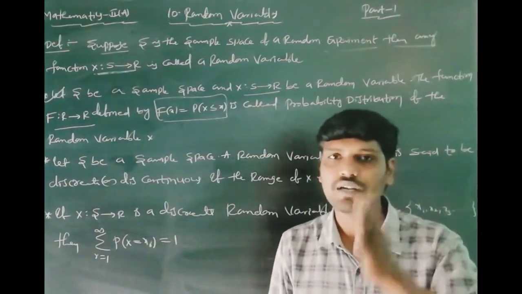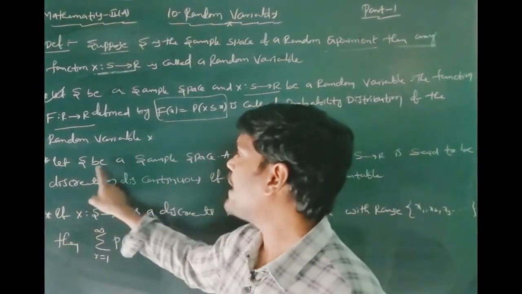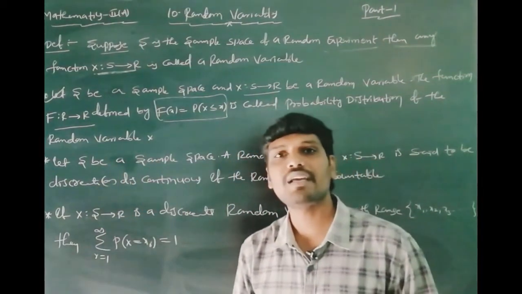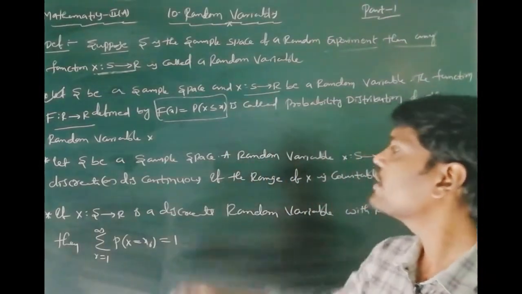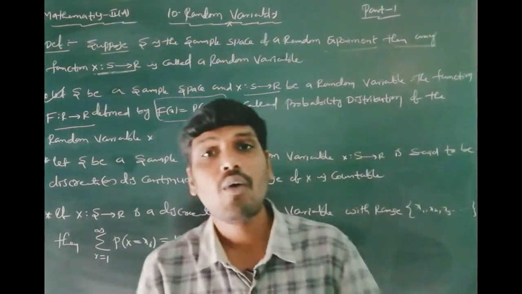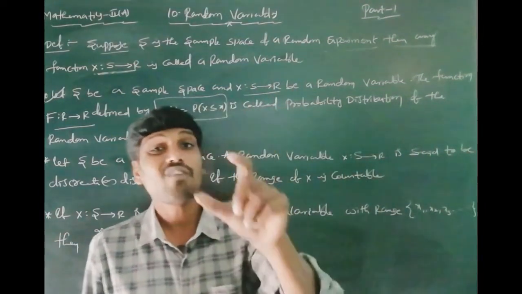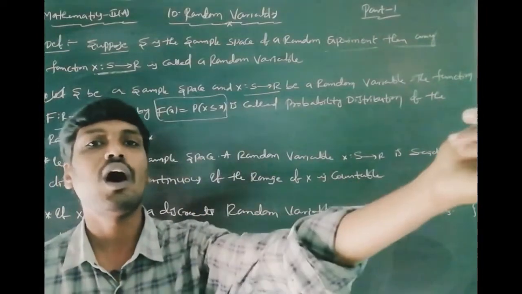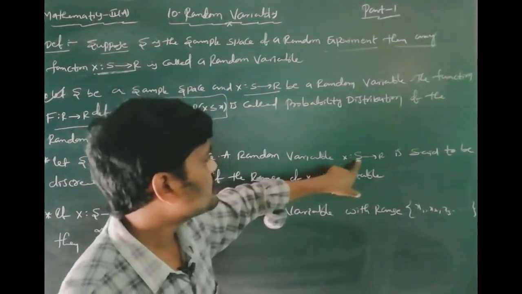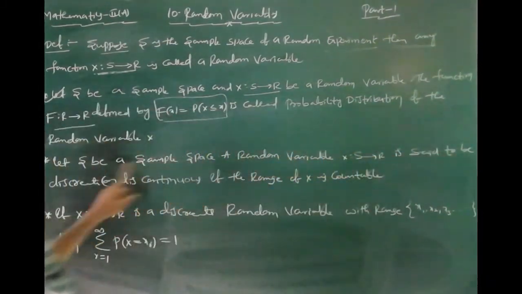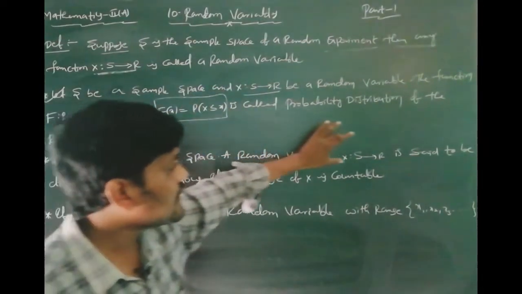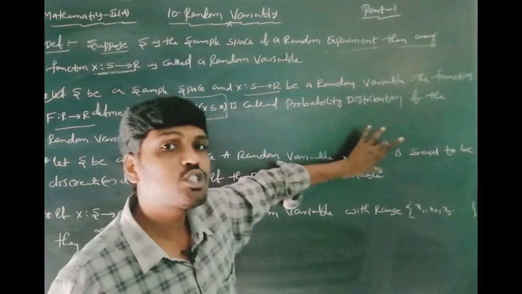Understood or not? After that, the next one: let S be a sample space in a random experiment, and X from S to R a random variable. What is the definition of a random variable, students?